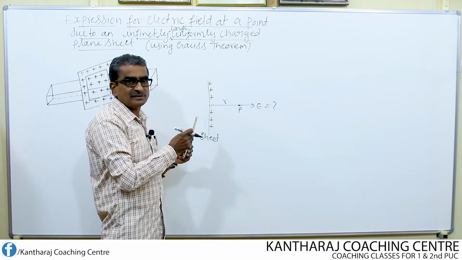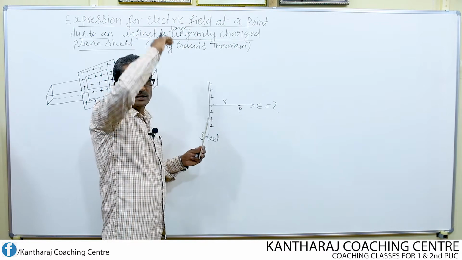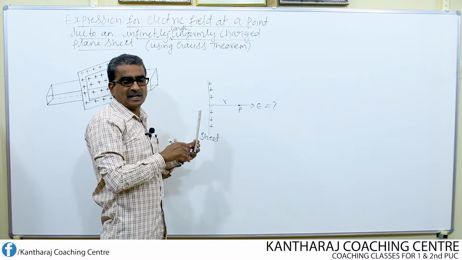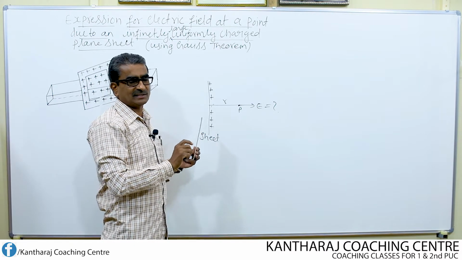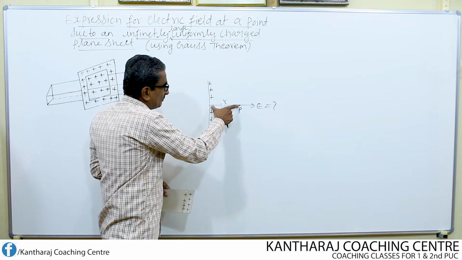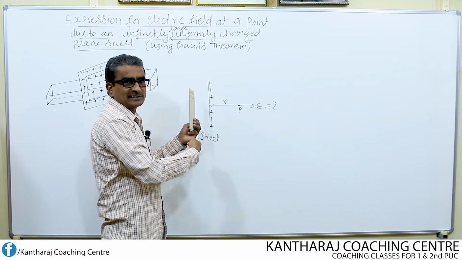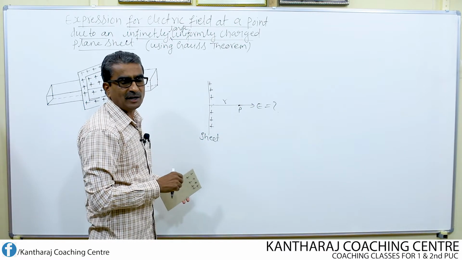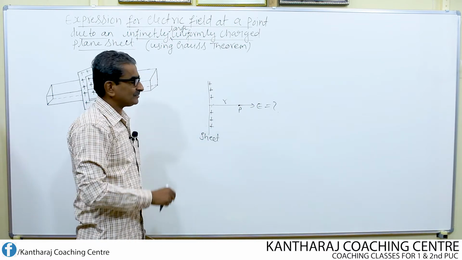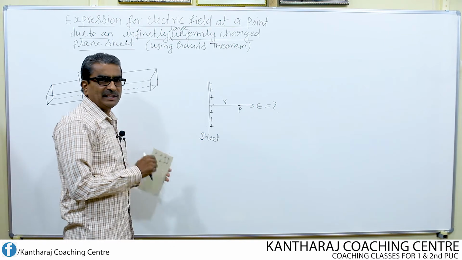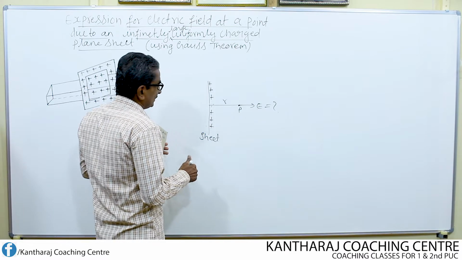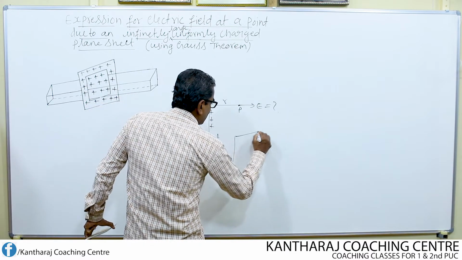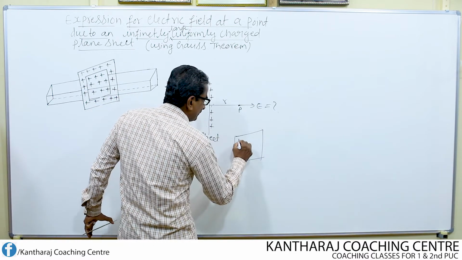Infinitely large means not extending up to the sky at the top and not going too deep inside the earth. It is not like that. This distance should be small when compared to the entire size of the sheet. That is the meaning of infinitely large. Now, how will the electric field be on either side of the sheet? Let us consider like this. This is the sheet which I have chosen.